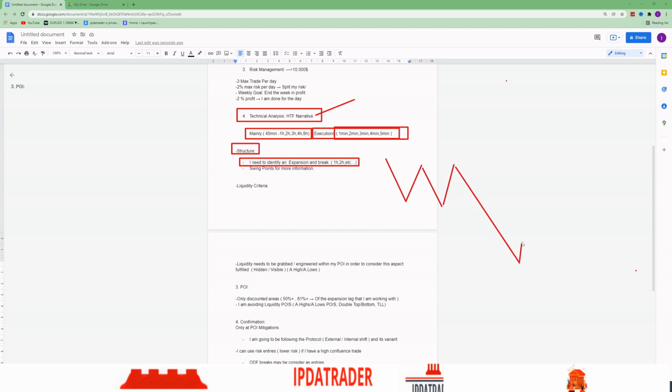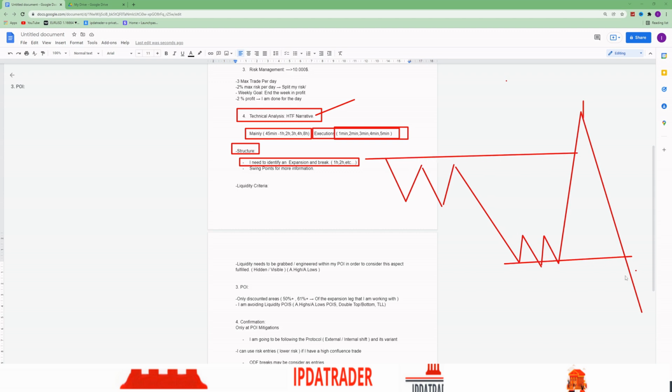You have a market like this, right? Let's say like this. This is your manipulation of the highs over here. This is your most recent break. You're now considering this point over here as your expansion, and you say to yourself, hey, I'm bearish in this market. This is my most recent break, and structurally we're bearish within this time frame.